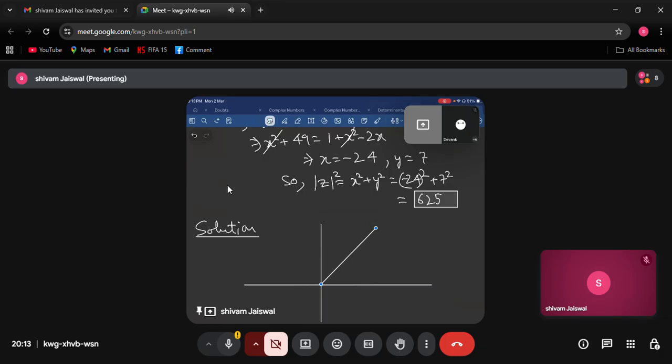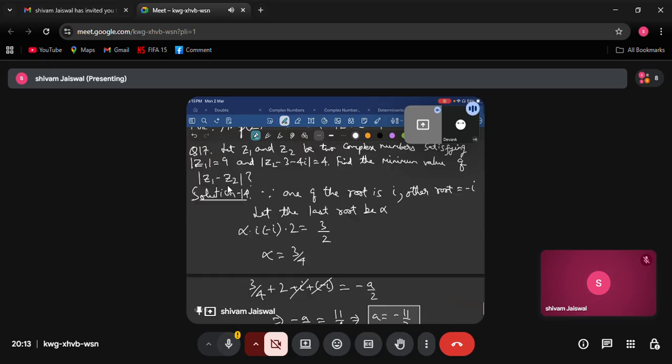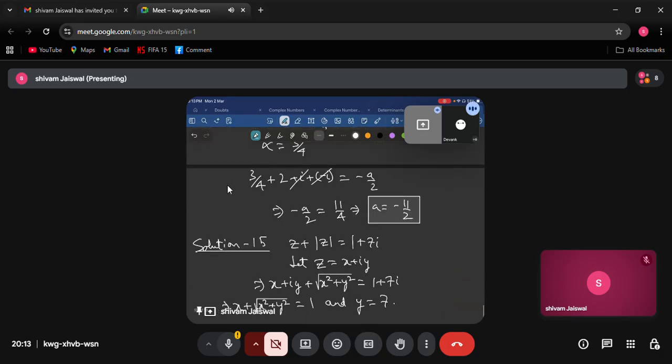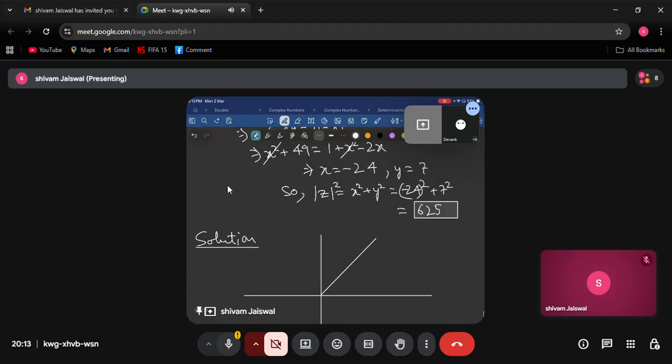Okay. And mod of z plus 3 minus iota equal to 4. What does it represent? A circle with center minus 3 comma 1. Right.